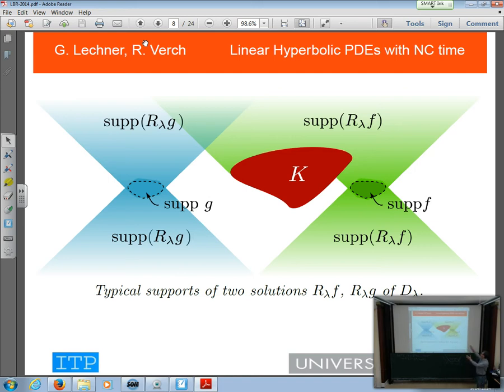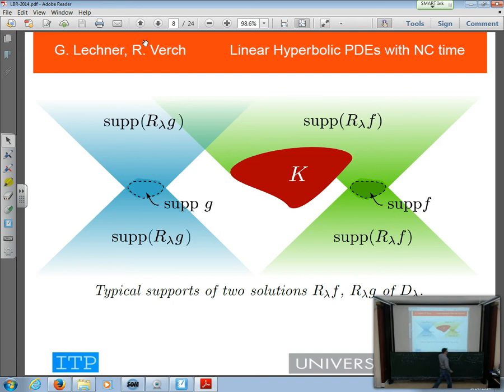And the same thing happens if you have other non-trivial intersections. The convention here is to write R lambda as R plus lambda minus R minus lambda. Okay? So applying that on an F, a test function, produces a solution to the equation.